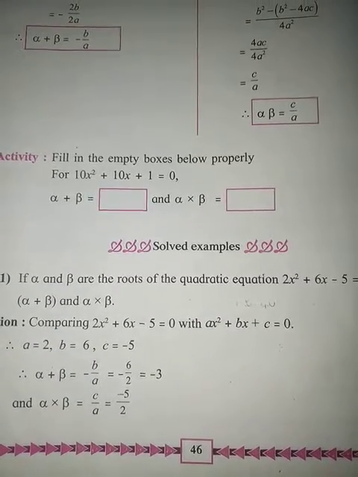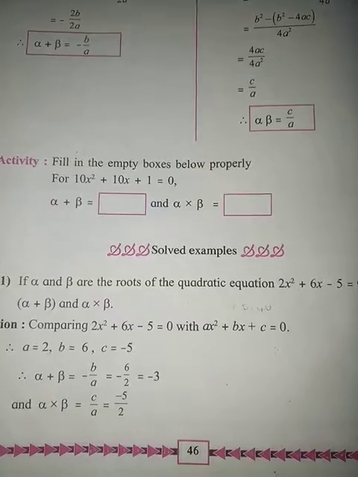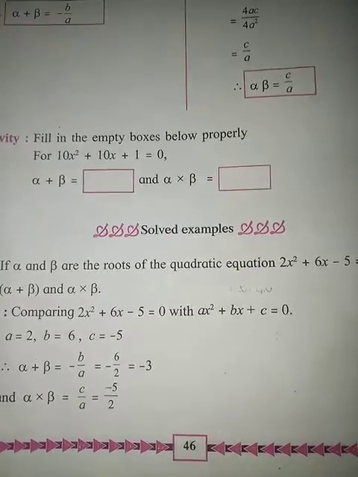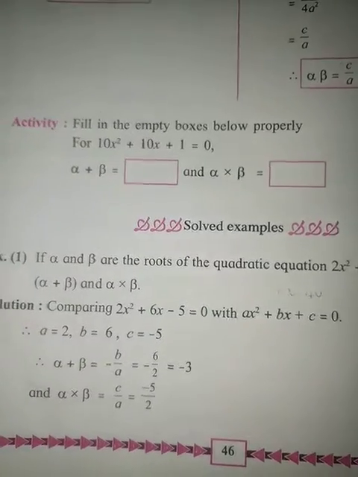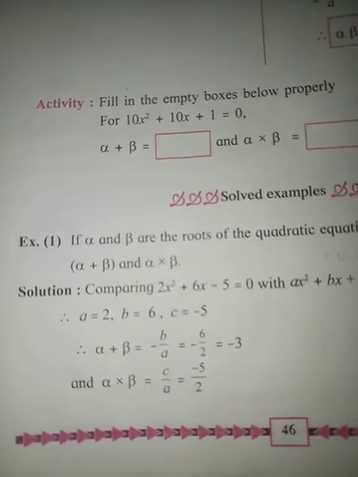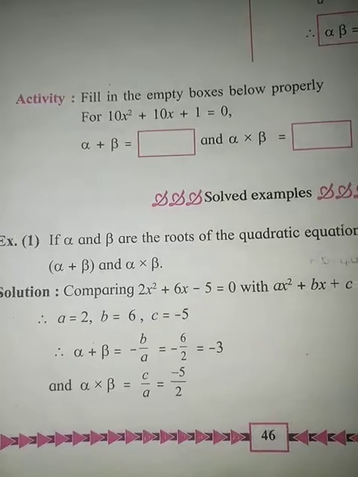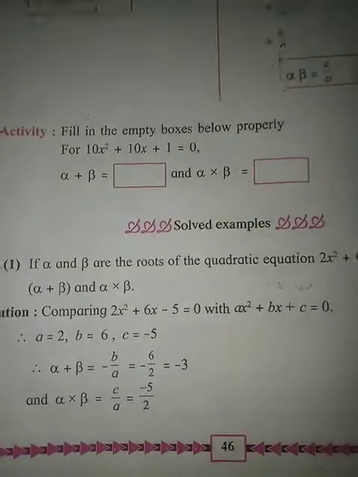Alpha plus beta is, as we have seen before, minus b upon a, so it will be minus 6 upon 2, which is minus 3, and alpha into beta is c upon a, that is minus 5 upon 2. This is the answer. Just go through this solved example.